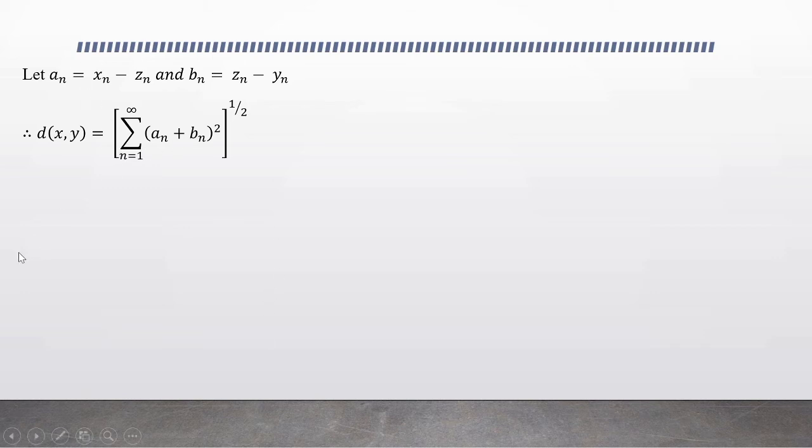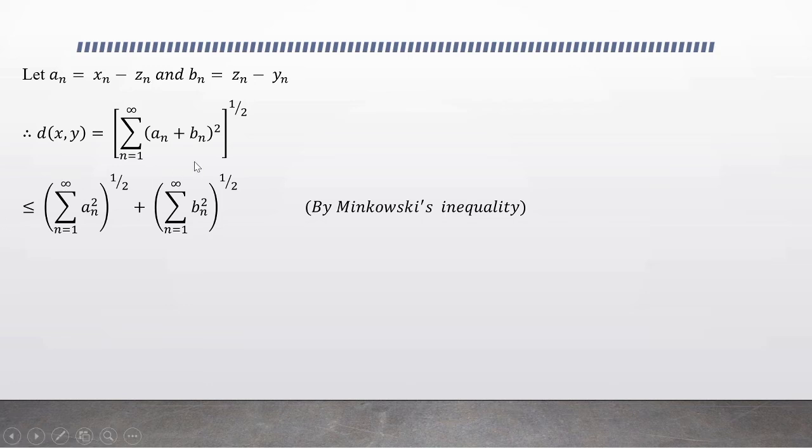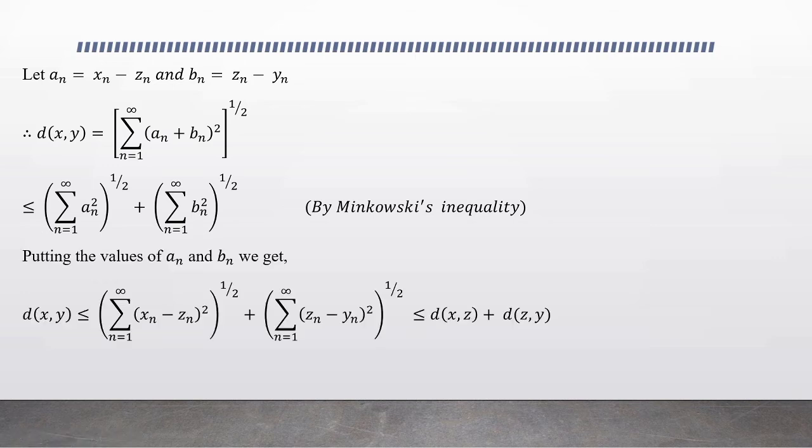Now using Minkowski's inequality that was explained in example of metric space part 2, we get this is less than or equal to summation of an square, n is equal to 1 to infinity, raised to 1 half, plus summation of bn square, n is equal to 1 to infinity, raised to 1 half. Now by back substituting, that is putting the value of an and bn, we get this.